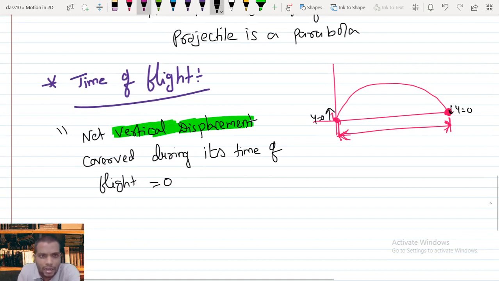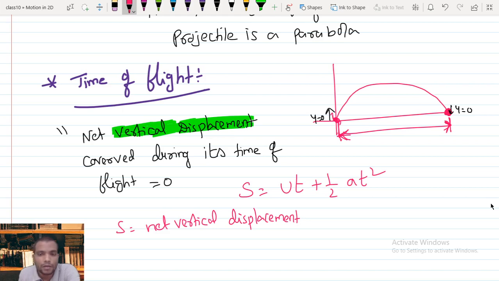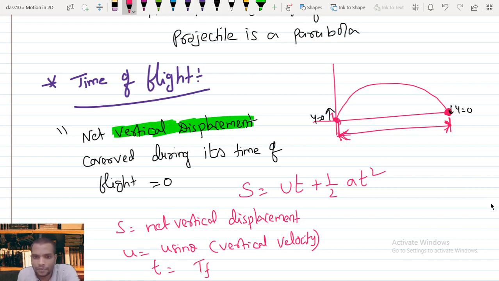So I use this in the second equation of motion, s equal to ut plus half at square. Here s equal to net vertical displacement, and u equal to u sine theta, the vertical velocity. And here little t, I can use the character time of flight, t suffix f.